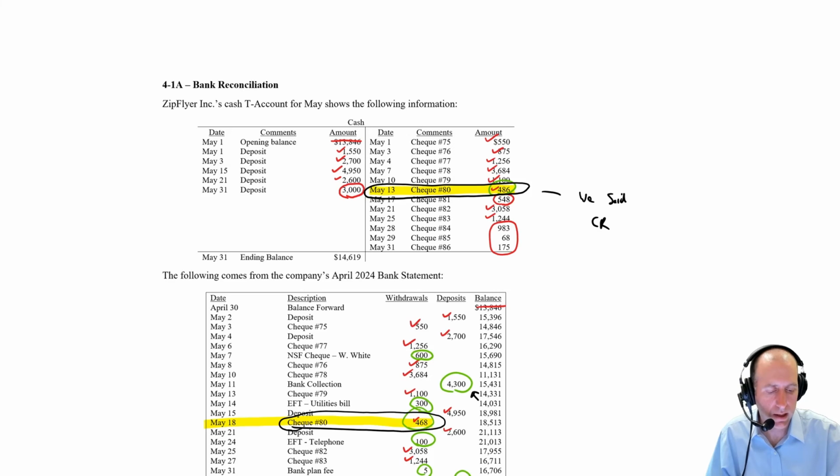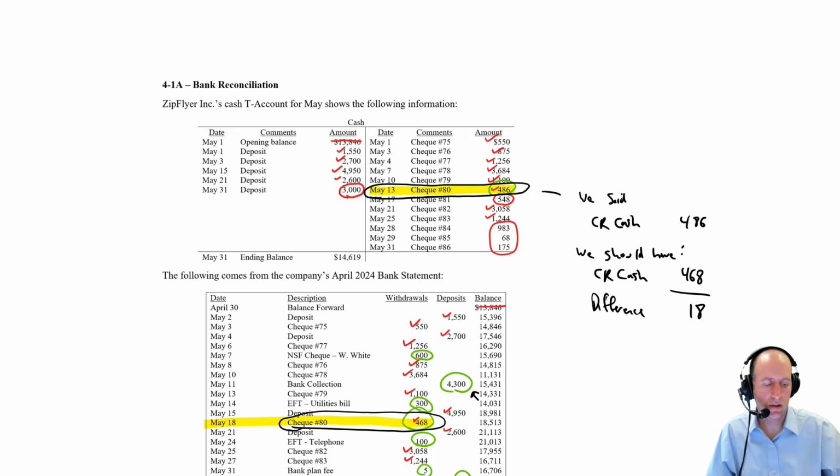We said credit cash 486. We should have said credit cash 468. We're off by, 486 to 468, that's $18, right?